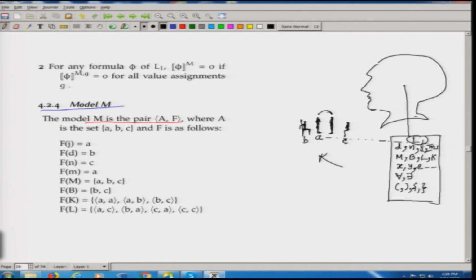A, B, and C are real individuals that are part of the reality.